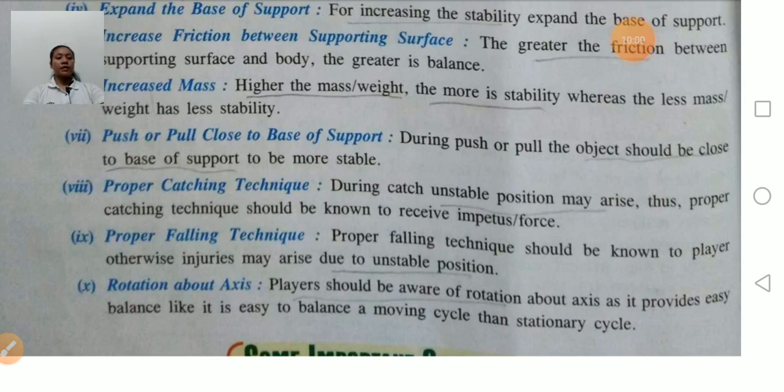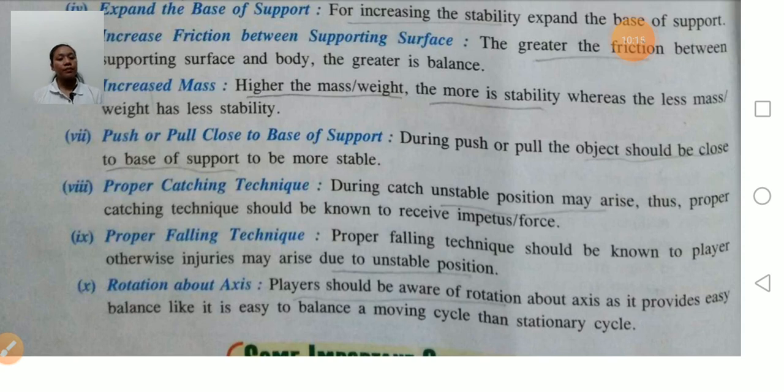Rotation about the axis. The players should be aware of the rotation about the axis, as it provides easy balance. It helps you easily balance yourself.